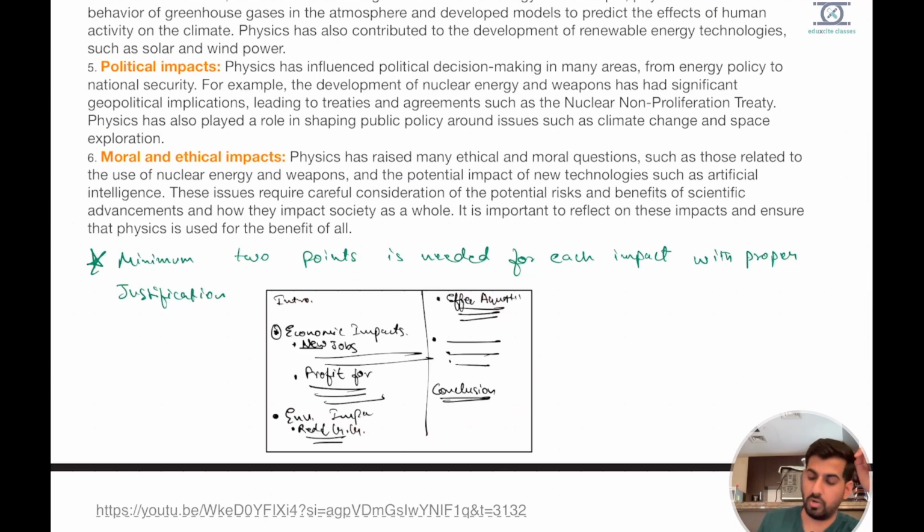Also you can bold, Control B, the point which you want the examiner to focus on. To be very honest, don't Control B the whole sentence, just the part which you want the examiner to focus on. So this is all about Criteria D, and the second minor question will be very to the point.